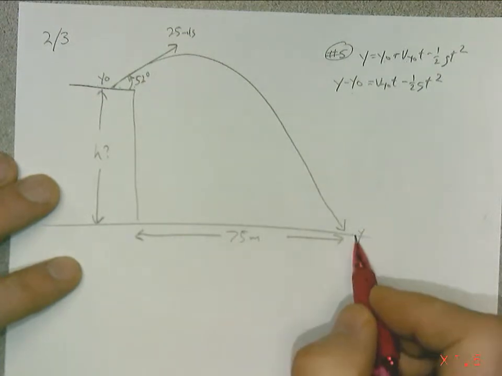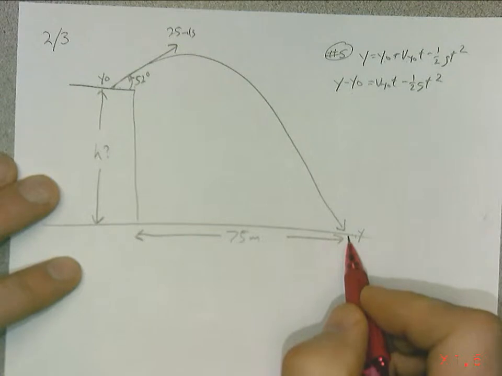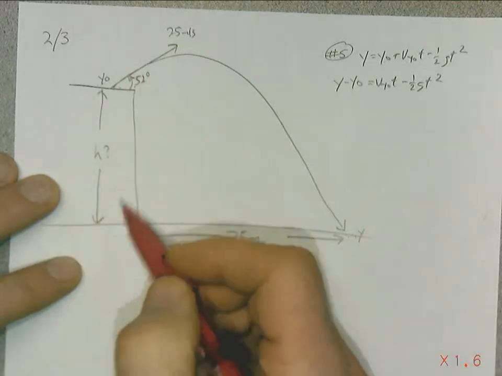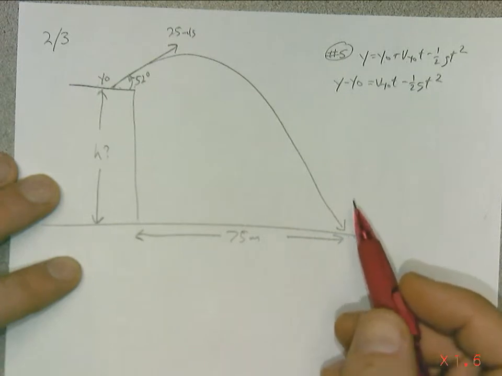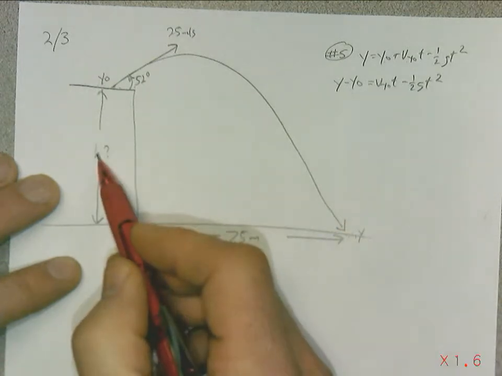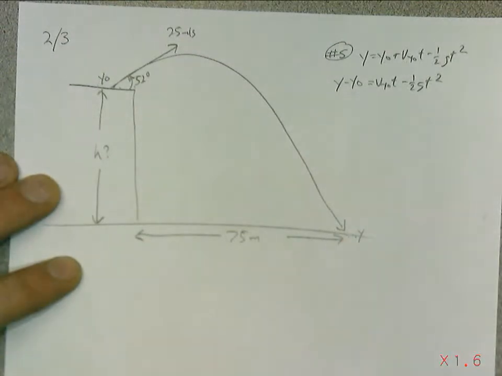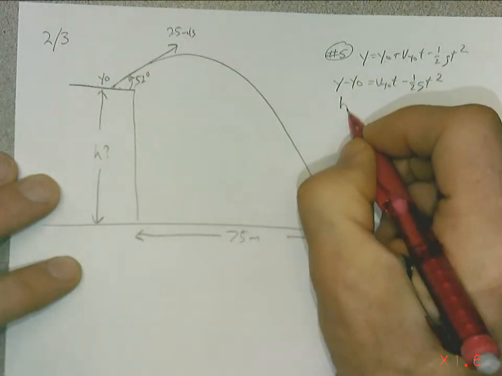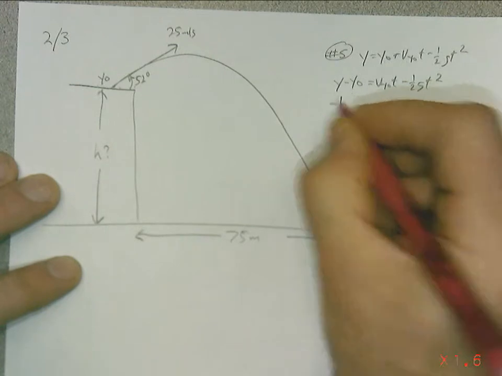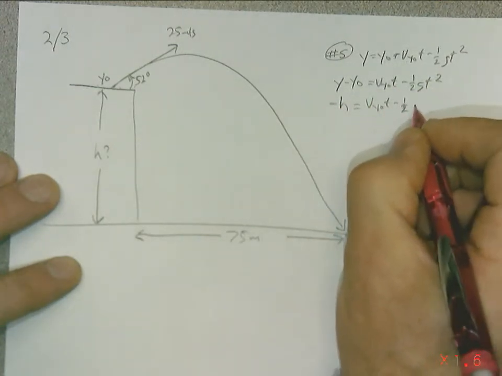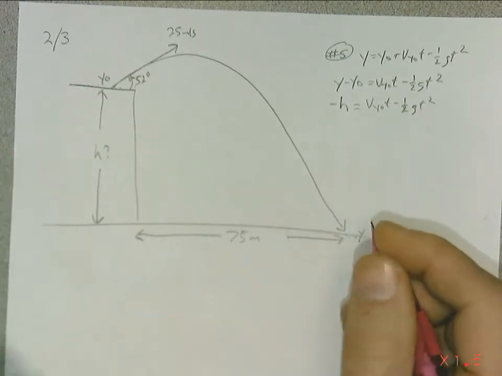But if you think about it, y being a small value, probably 0, and y0, if you subtract those, you're going to have a negative number. So this h, this quantity here, is going to be negative. So let's just keep that in mind. But I'm going to start by saying then h, and I'm going to go ahead and put a negative h, is equal to vy0 t minus 1/2 g t squared.